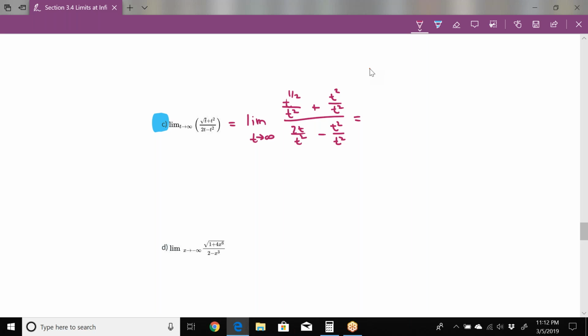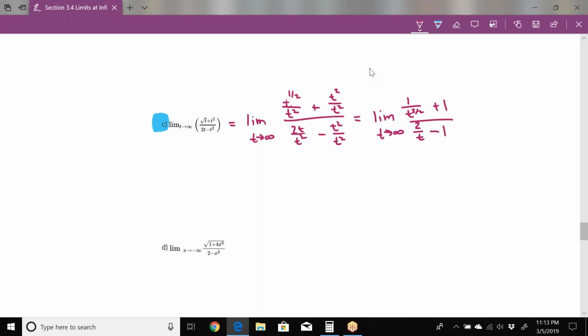Okay, so let's work this out. So this would be the limit as t approaches infinity. This is 1/2 minus 2, so that's going to be a negative 3/2, so that's still going to be in the denominator. So 1 over t to the 3/2. This would be a plus 1. This would be a 2 over t, and this would be a minus 1.